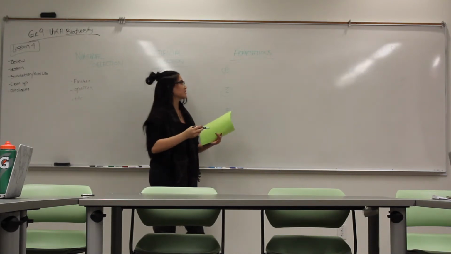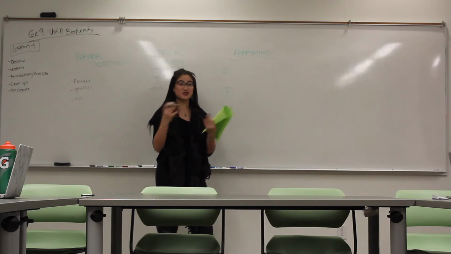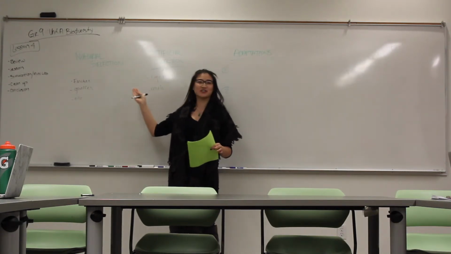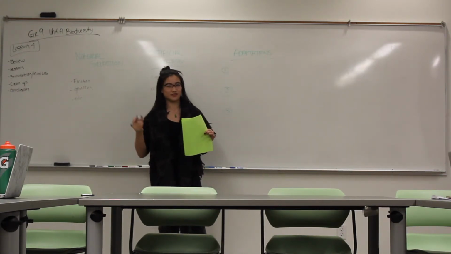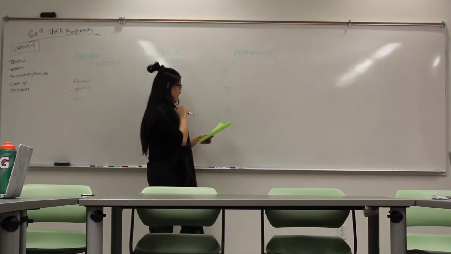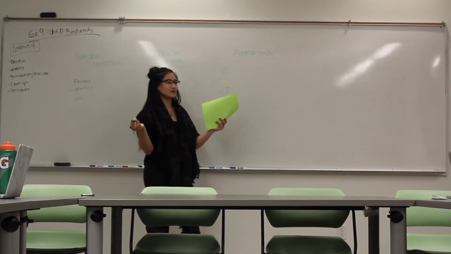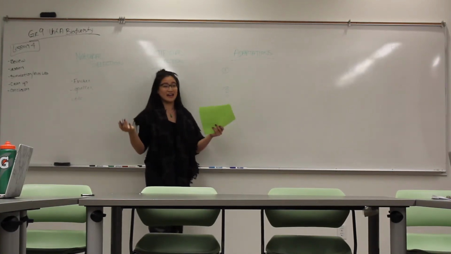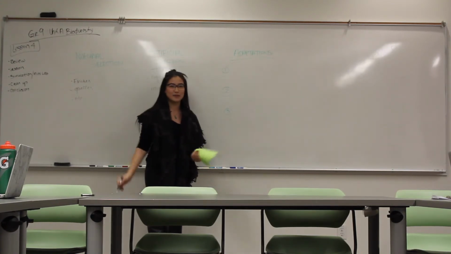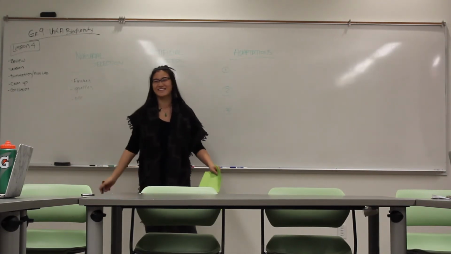Adaptation is the trait, whereas natural selection is the process of evolution. So there's 3 types of adaptation. But an adaptation, can anyone tell me an example of an adaptation in any animal? Giraffes' long necks. Yes, that's a good one.